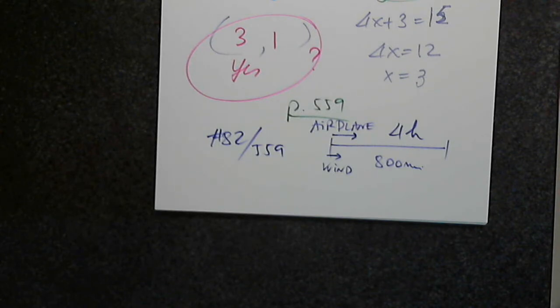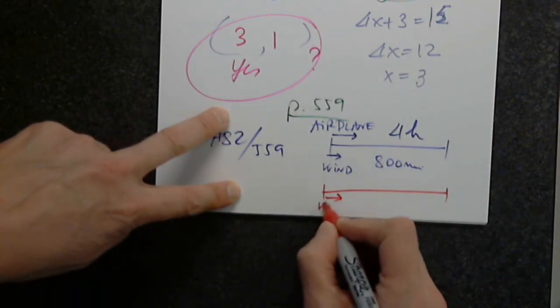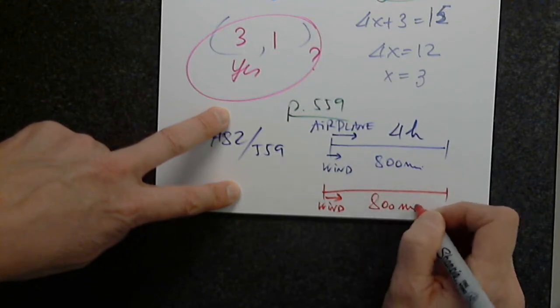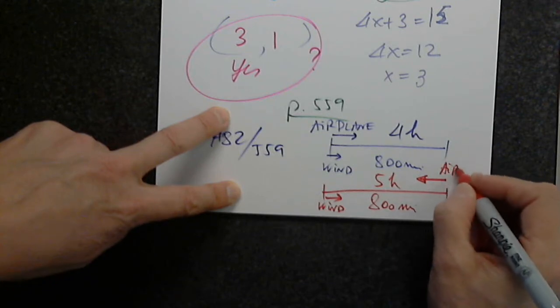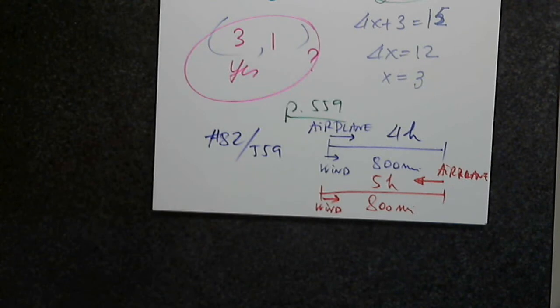Against the wind, it takes 5 hours to cover the same distance. So since I cannot change the wind, I'm going to say this is the airplane now. So with the wind, it covers 800 miles in 4 hours. Against the wind, same distance, but it needs 5 hours.